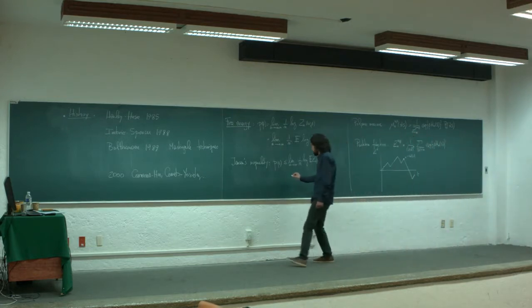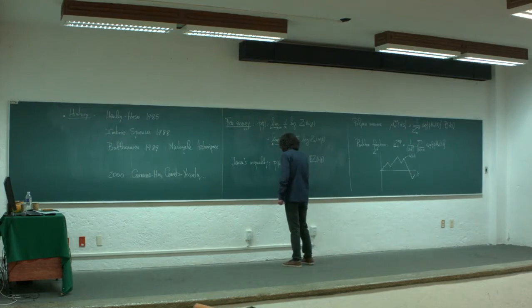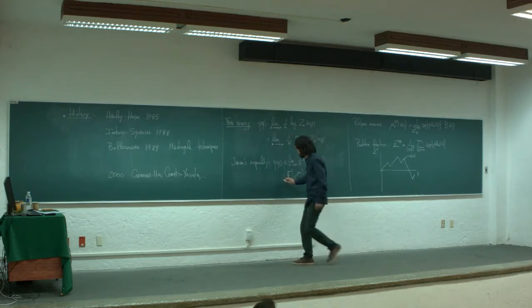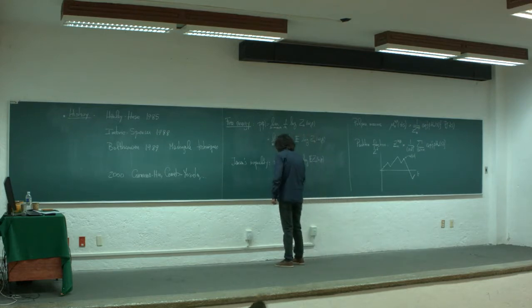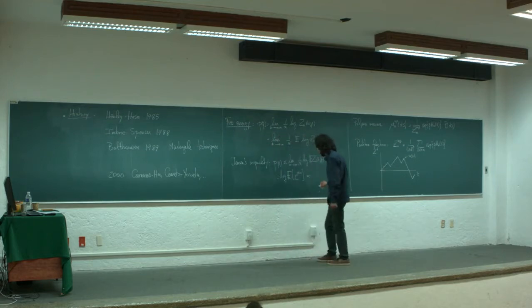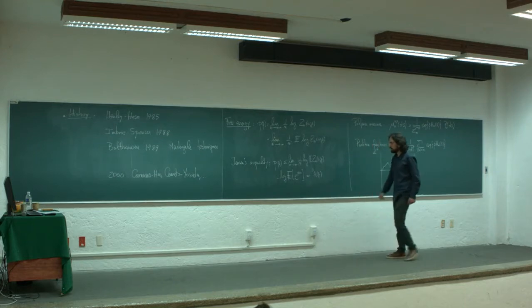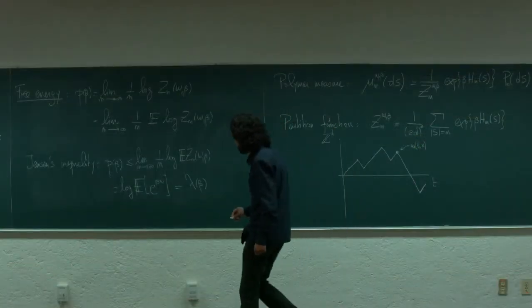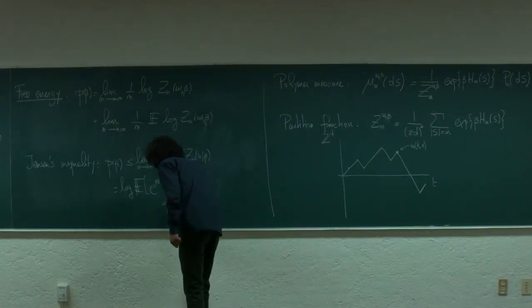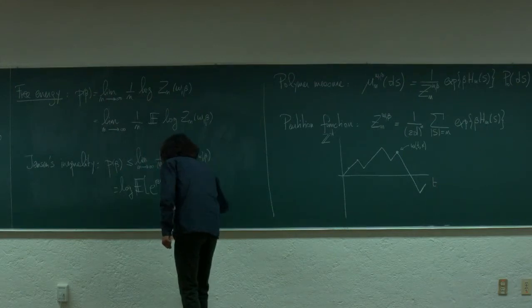So this is simply the log of the expectation of exponential of beta omega, which is a quantity that we will denote by lambda(beta), which is also known as the annealed free energy.